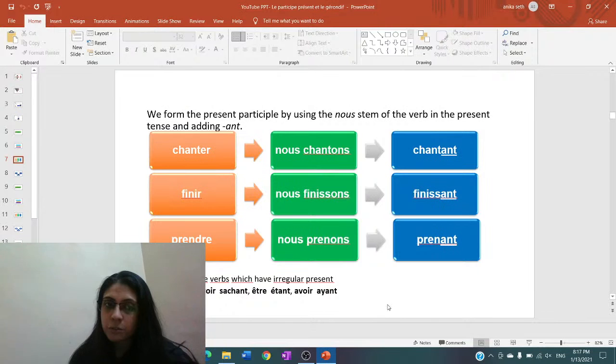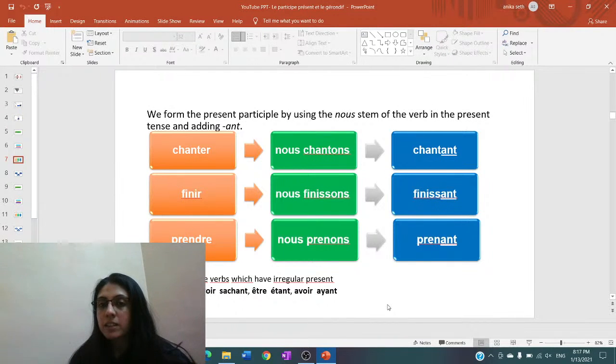Then the formation of the present participle is done by conjugating the verb in the nous form, present tense. Like here, the verb chanter, we have conjugated as nous chantons. Then remove the ons and put ant in place of it. So when we remove ons, we are left with chant.